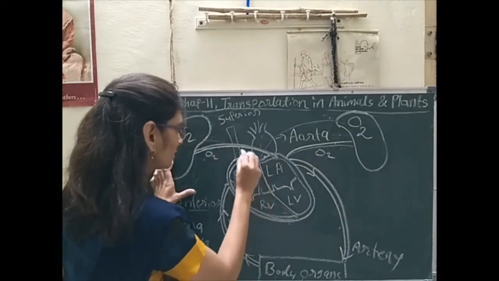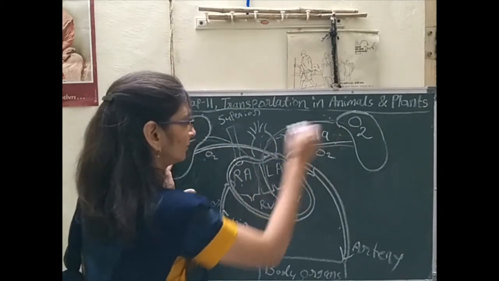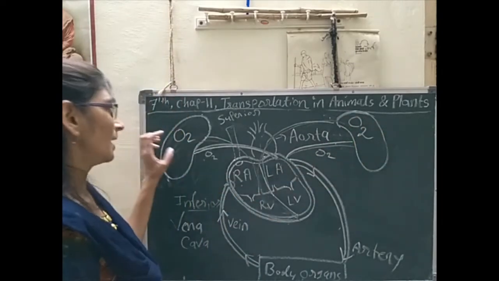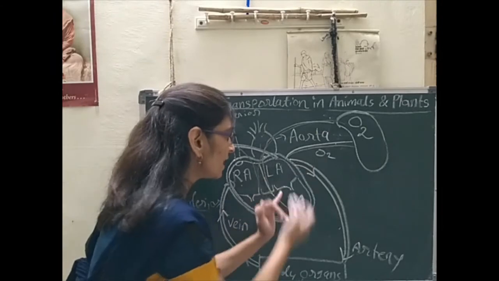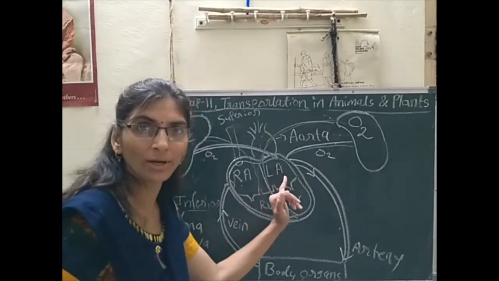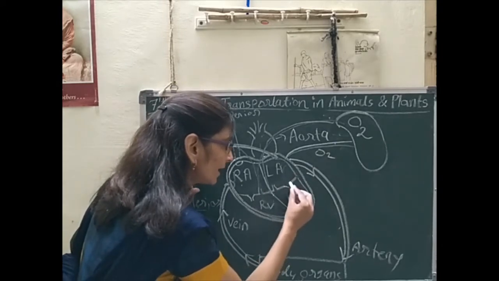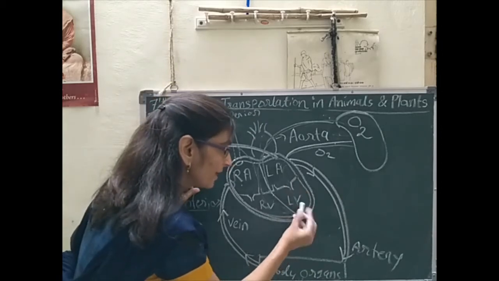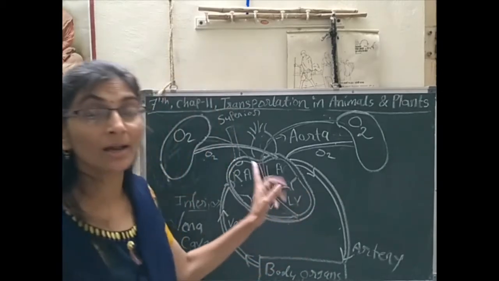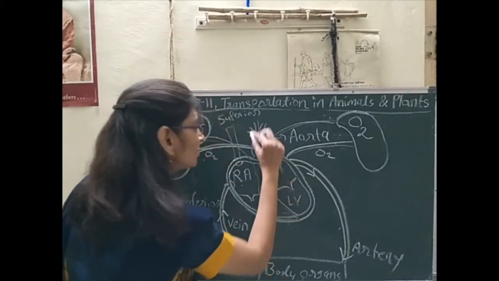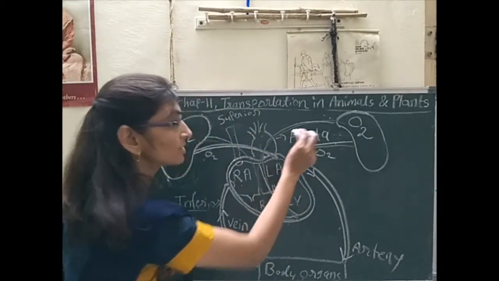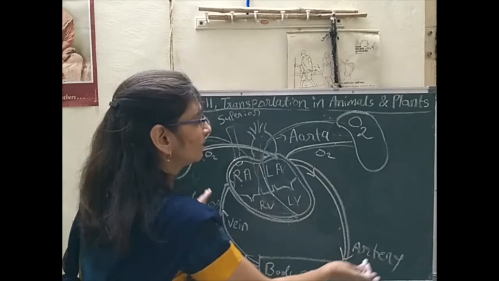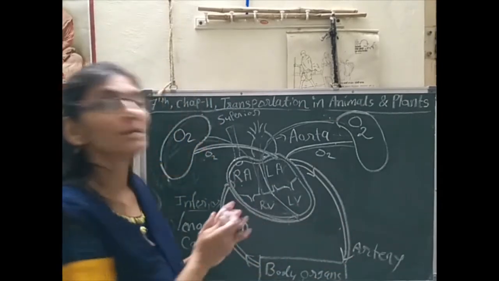Yes. So at first the deoxygenated blood reaches towards the lungs, then it takes oxygen, again it will reach towards the left auricle, and from that left auricle it is allowed inside the left ventricle, and from that left ventricle, as I told, it gets pumped out towards the aorta, which is the major artery, and through that artery it circulates towards the body organs.